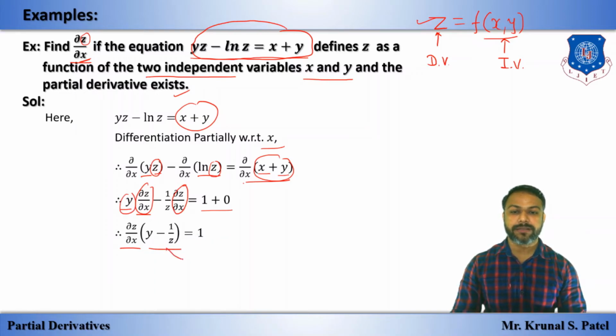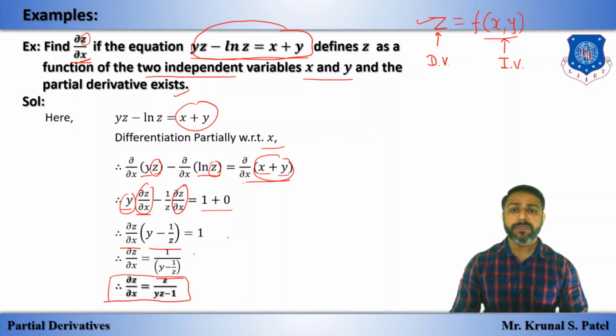So we will take this y minus 1 by z to the right side, so it goes to the denominator, and by simplifying, or by taking LCM, we have del z by del x is z upon yz minus 1. This is our final answer.